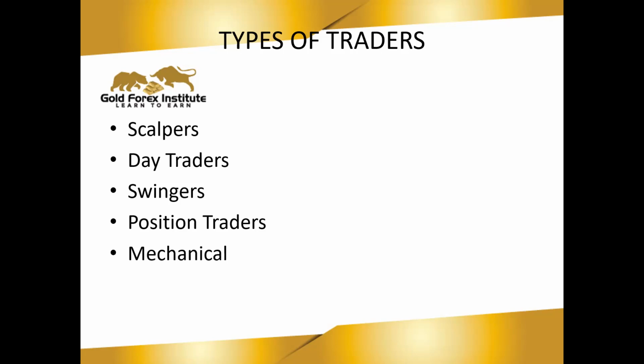We have the scalpers. The scalpers are those that are looking for just short-term profit in the market. Let's say every day they trade short, and just make their profit short. At the end of the day, they gather all and see how much they make per day.